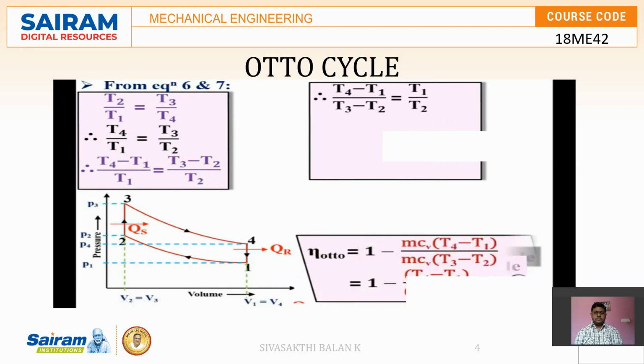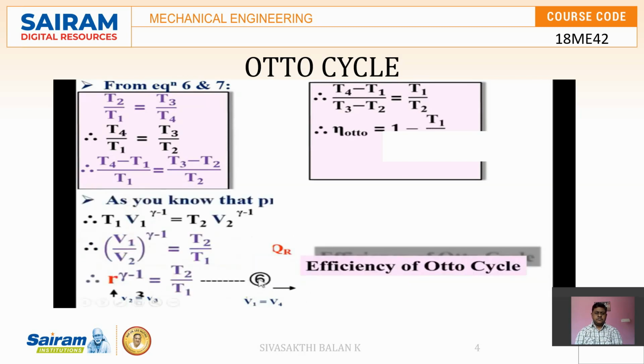Now observe carefully the equation number 2. The T4 minus T1 upon T3 minus T2, that is exactly over here. So instead of that I can write T1 upon T2 in this equation. So now I can say from equation number 2, the efficiency of Otto cycle is equal to 1 minus T1 upon T2.